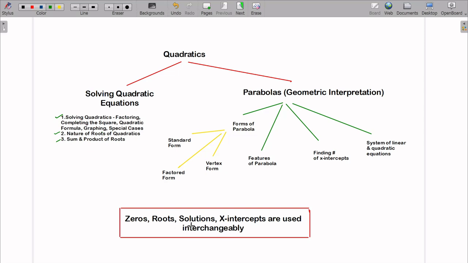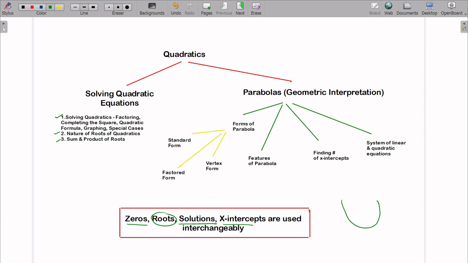If a quadratic is given in the form of an equation, then we say find the solutions of the equation. If it's written in the form of a function, then we say find the zeros of this function. If it's given in the form of a graph, a parabola, then we say find the x-intercepts of this parabola. Roots are used in equation notation as well.